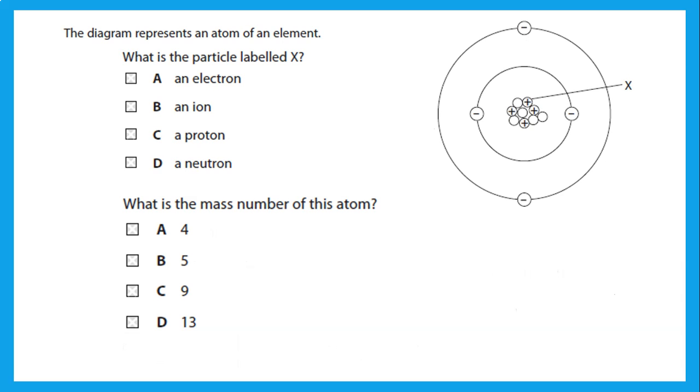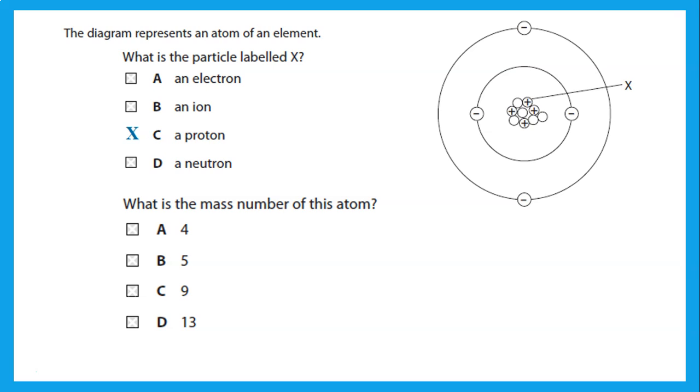Okay, this question says the diagram represents an atom of an element. What is the particle labeled X? Of course, X is labeling something inside the nucleus that is positively charged, and that is a proton. What is the mass number of this atom? How do we know the mass number of this atom?